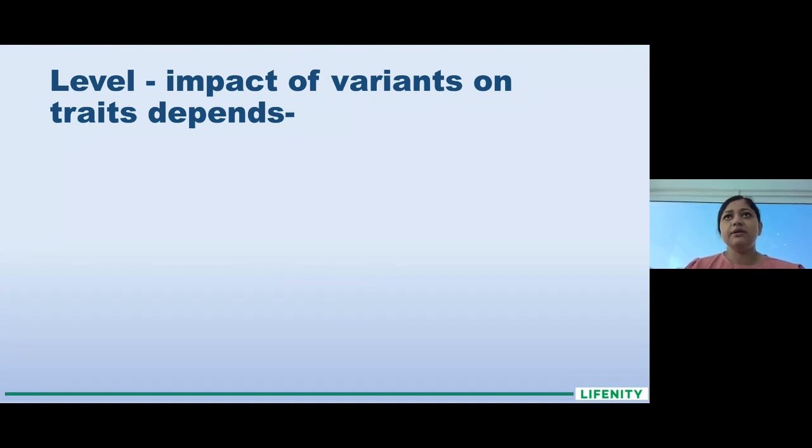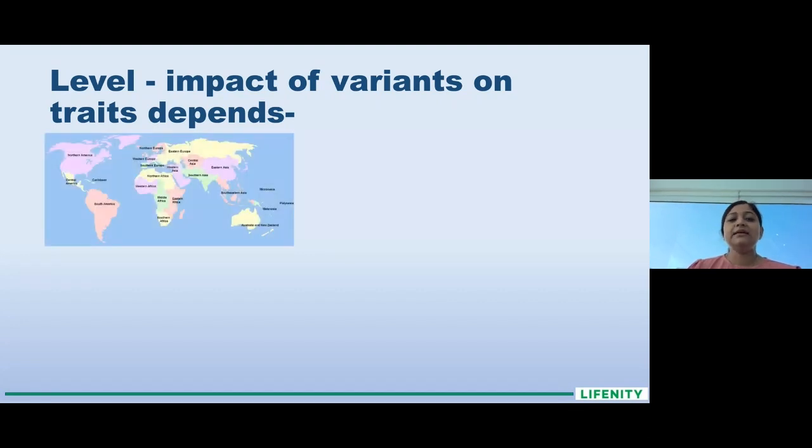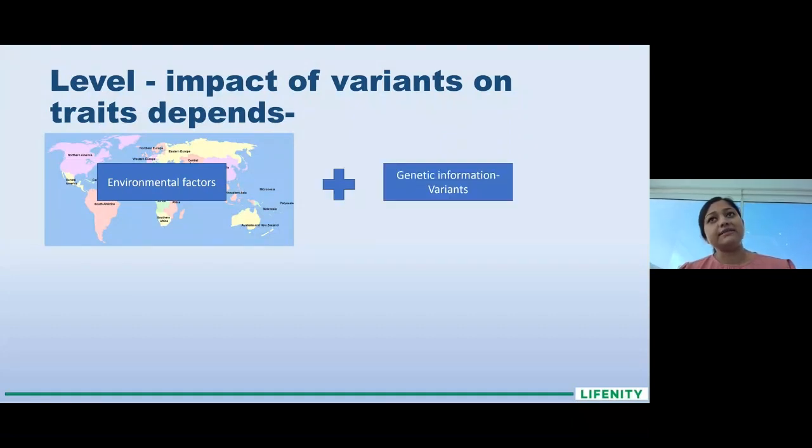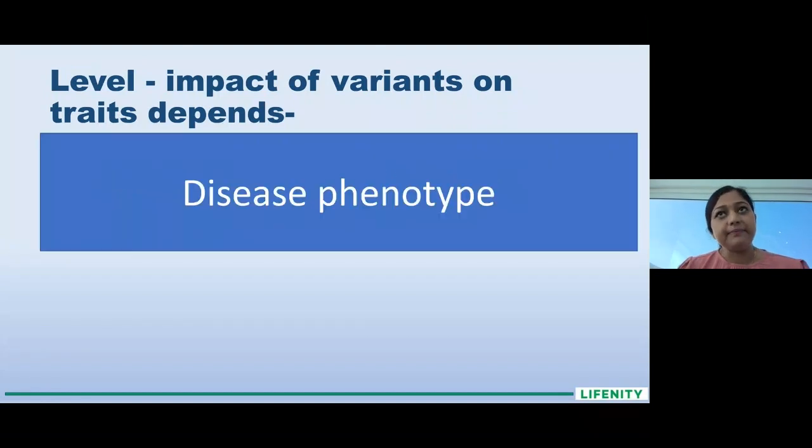It really depends on many factors, but I'm giving you two examples. Human beings are from different areas of the world, so they are exposed to different environmental and geographical conditions. The environmental factor is one of the factors that, along with your genetic information and variants, combines to determine your disease phenotype.